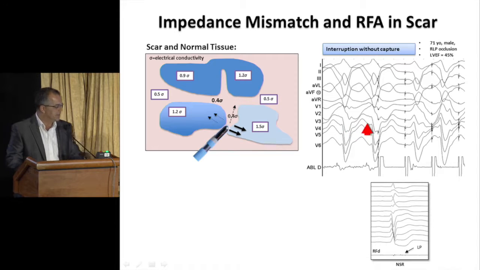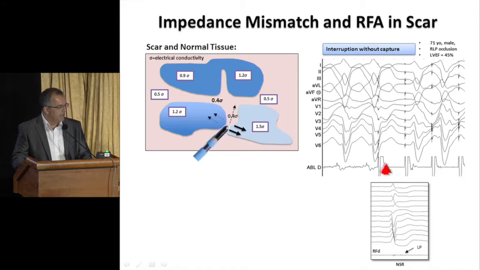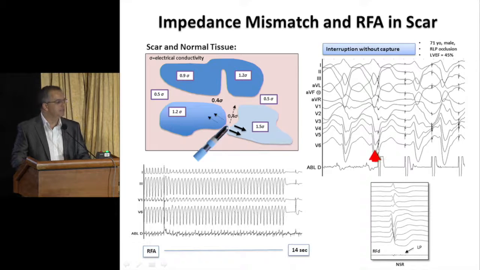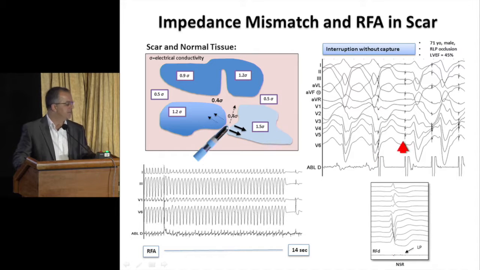This is a patient that I did a few years ago, and as you can see here, I have interruption without capture. And you would anticipate that you are right there. In sinus, you have late potentials, you have a very interesting point here. And I would expect this VT to stop immediately as soon as I push the pedal.